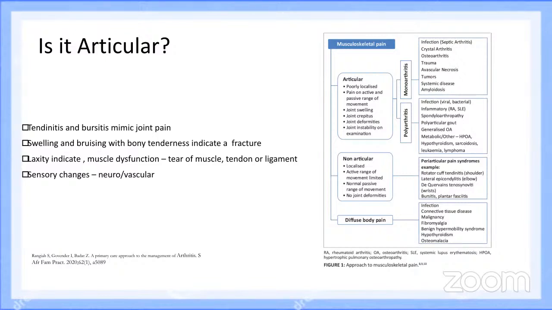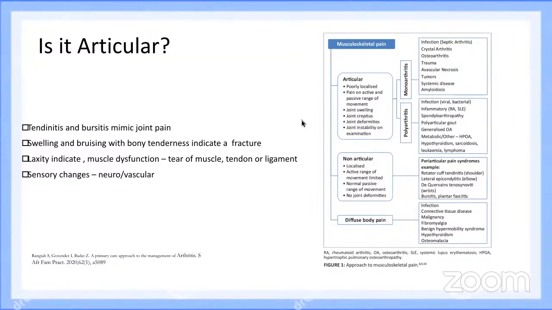Articular pain is usually more diffuse and present in both active and passive movements, while non-articular pain is usually localized to the affected structure, such as the muscle, tendon, bursa, fascia, nerve or bone, and usually limits active rather than passive movement. In non-articular pain, you'll find things such as crepitus, deformity, and instability being absent, but you'll see muscle weakness.